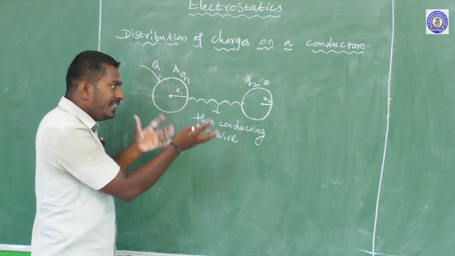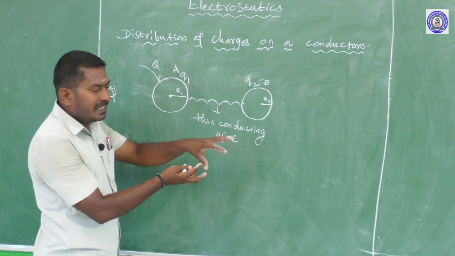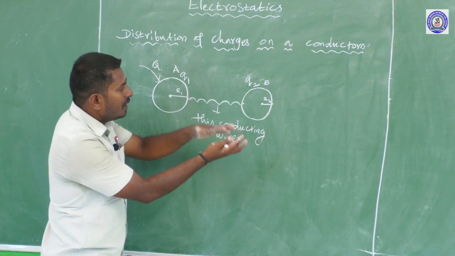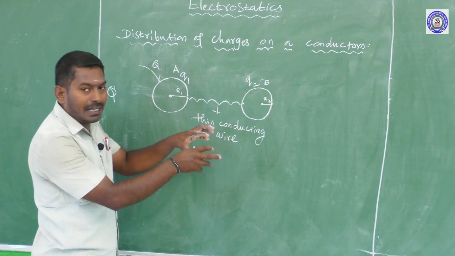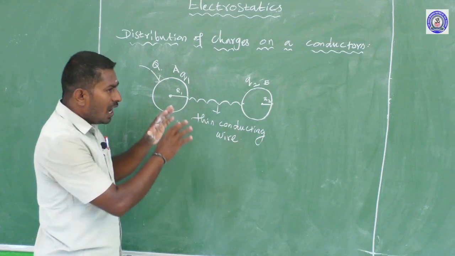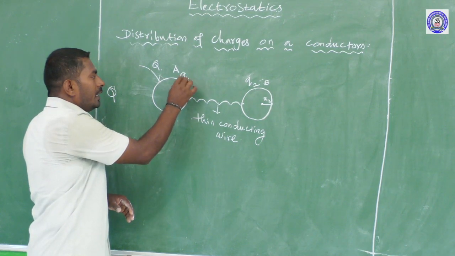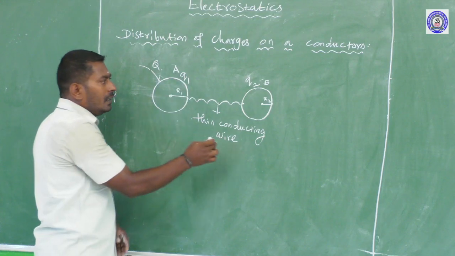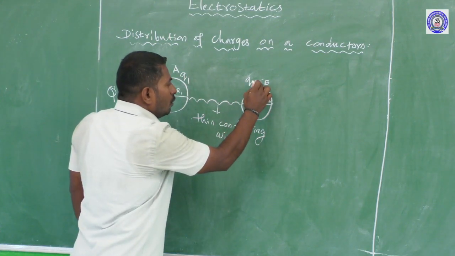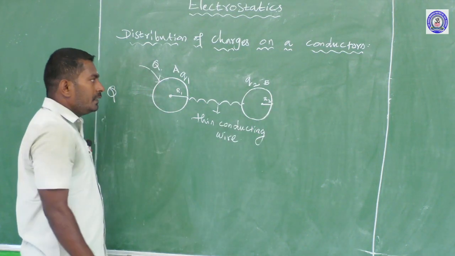The charge is redistributed. Charge is transferred from one metallic sphere to another, either A sphere to B sphere or B sphere to A sphere, until both the spheres attain the same potential. So after attaining the same potential, the charge uniformly distributed on the metallic sphere A is Q1. Q2 is the quantity of electric charge uniformly distributed on the metallic sphere B.